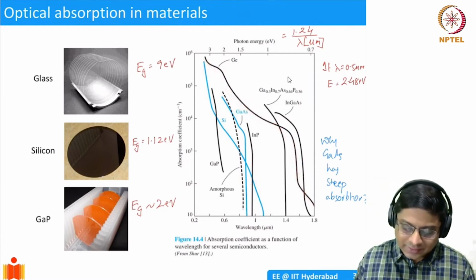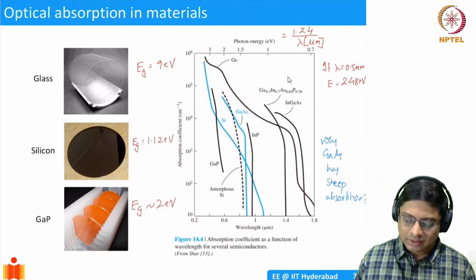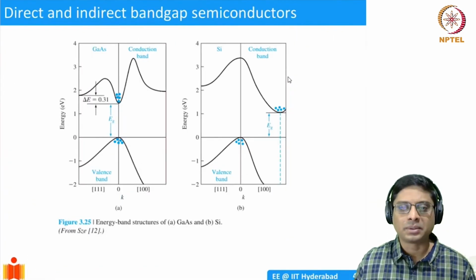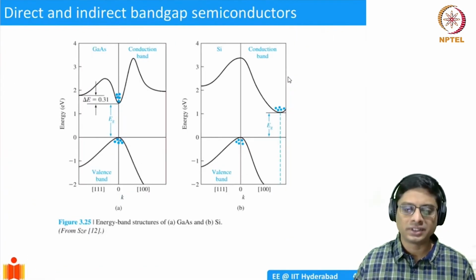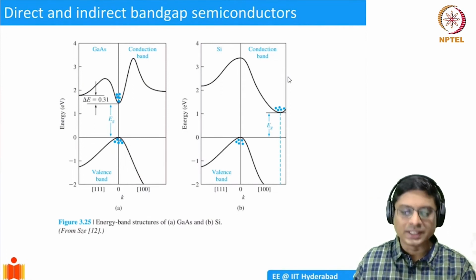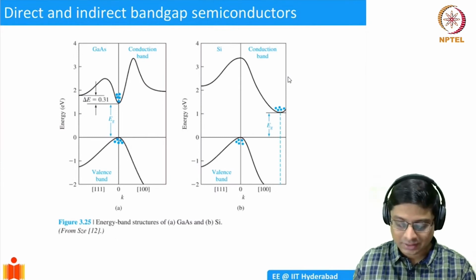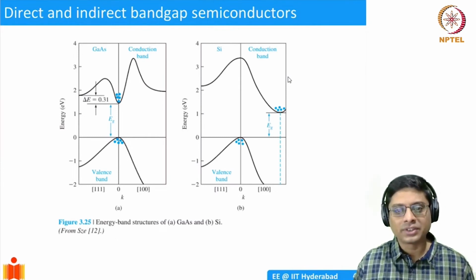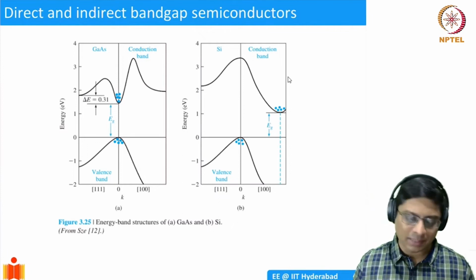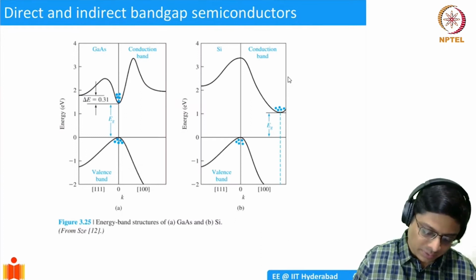So the reason this happens has to do with the direct and indirect nature of a band gap. I mentioned this in the beginning of the course, when we talked about the EK diagrams and how we get them. We mentioned that if the peak of the valence band coincides with the bottom of the conduction band, we call it a direct band gap semiconductor, and that's what we have in gallium arsenide.